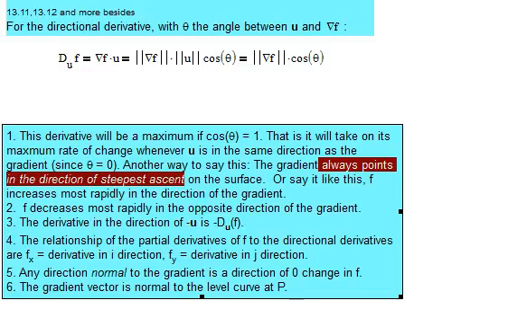So another way to say this, the gradient always points in the direction of steepest ascent on the surface. In other words, if I'm climbing a mountain, and that mountain has some surface generated by a function of 2 variables, then if I'm on that surface and I want to see the direction of steepest ascent, I would find the gradient vector, and that gradient vector would point in the direction where going up the mountain is steepest.